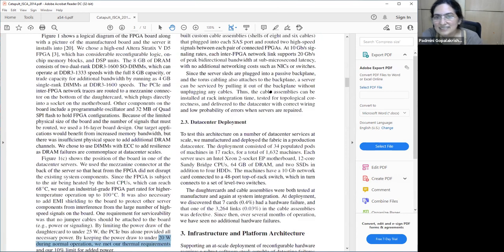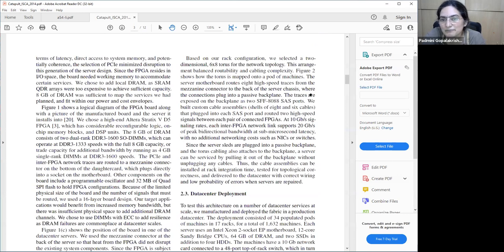And then the choice of the network topology is to balance both the ability to communicate between two servers and also the complexity of the cable, which depends on the backplane that they use, how many ports they have, what is available there.